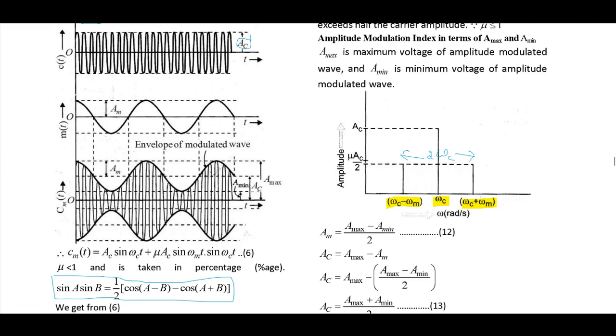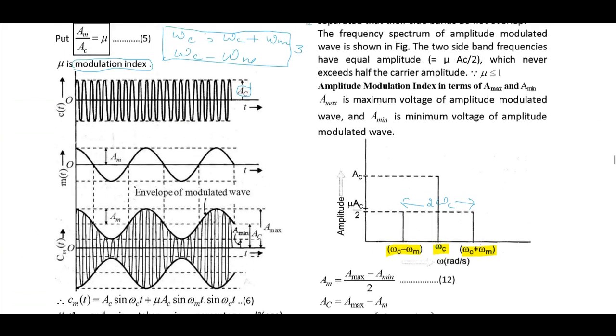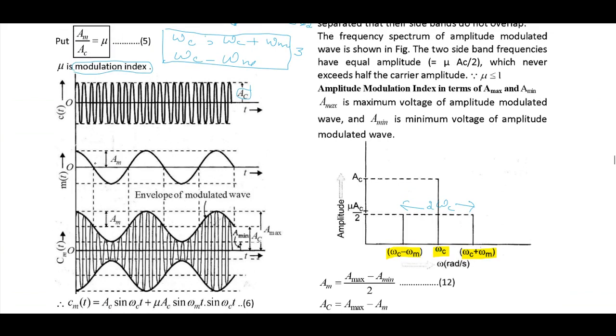AM is the amplitude of the modulating wave, and here this is A max, and this particular part is A min, and we shall be calculating the values of A max and A min in my next lecture. You just observe that we have put this modulating signal on the positive y-axis as well as on the negative y-axis.